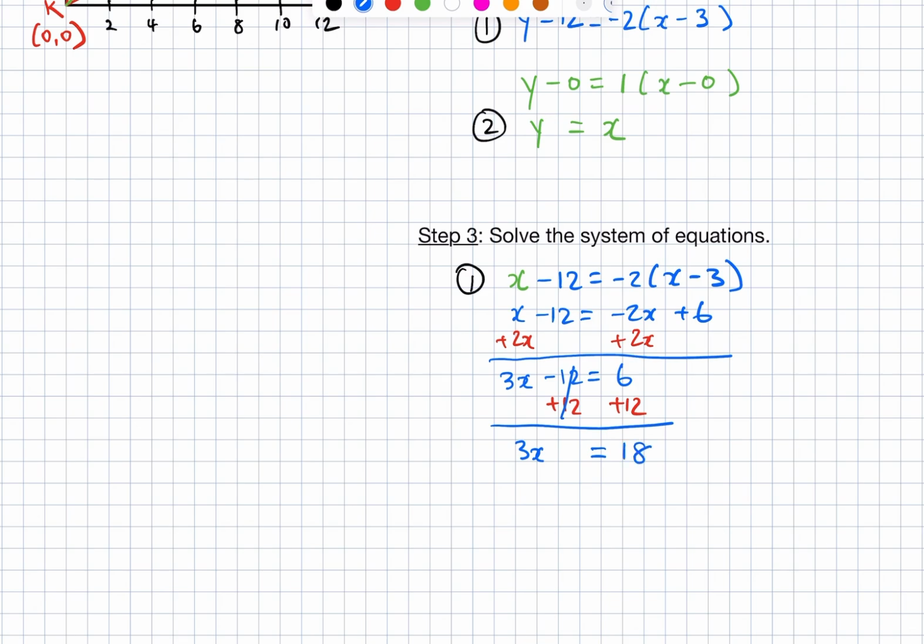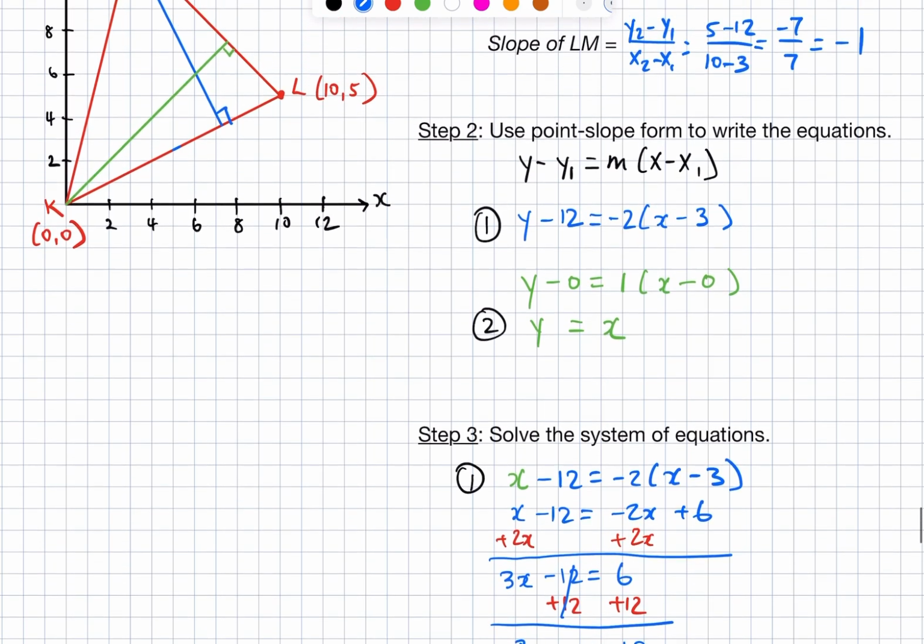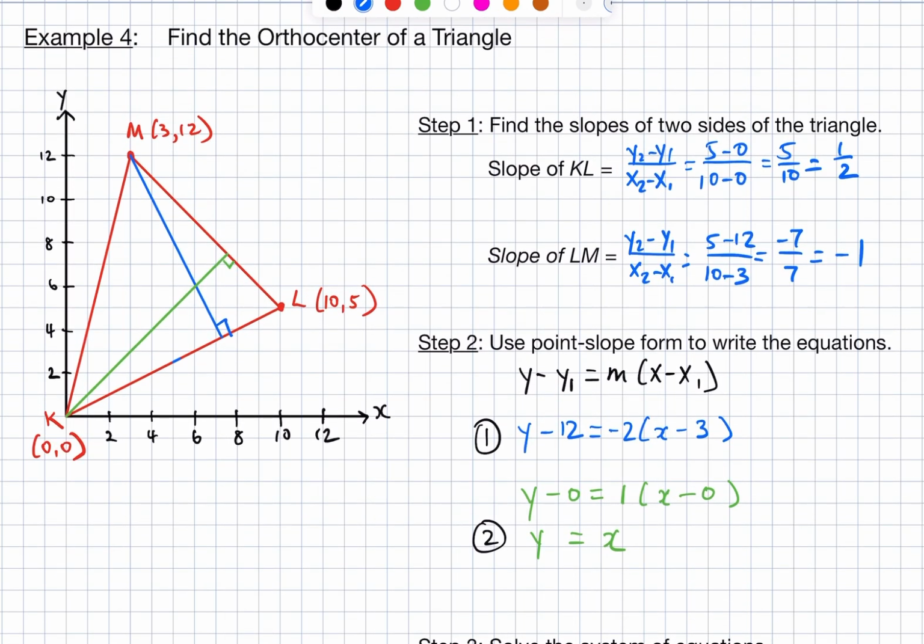Okay, and then the last step is we want to eliminate this 3, and we do that by dividing 3 on both sides. And when we do, these 3's cancel out because they become 1, and now x is equal to 6.